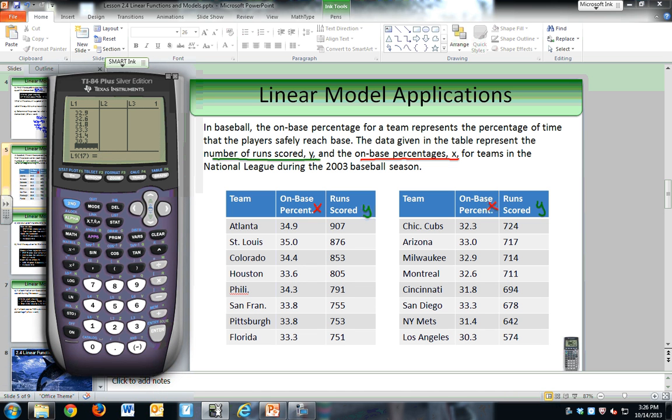Okay, then once you have all the X's put in, you need to put all the Y's, or the runs scored, into your list 2. Make sure you go in the same order because you need to have corresponding X and Y values right next to each other. And be careful that you're putting them in correctly.